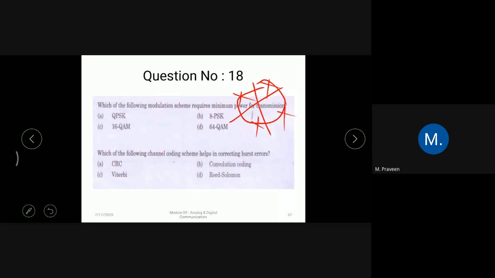If the distance between constellation points is large, the power consumed is minimum. So with this statement I can conclude that QPSK will consume low power out of these 4 modulation schemes. If I take the other three modulation schemes, the distance between two points will be very close compared to QPSK.